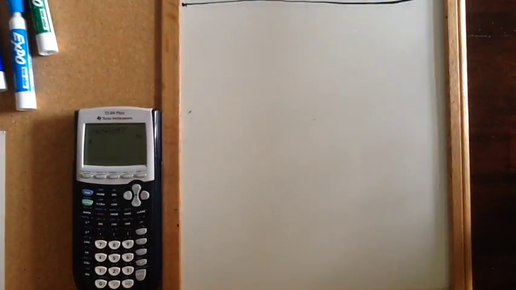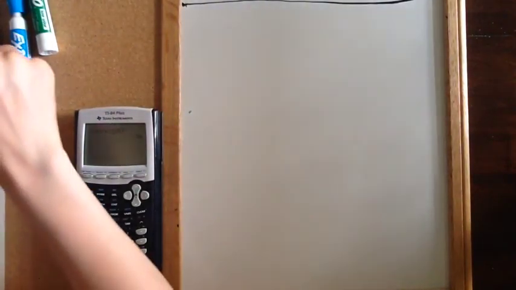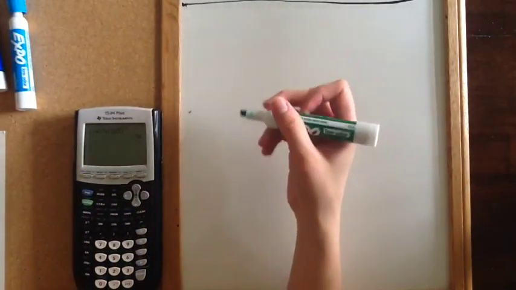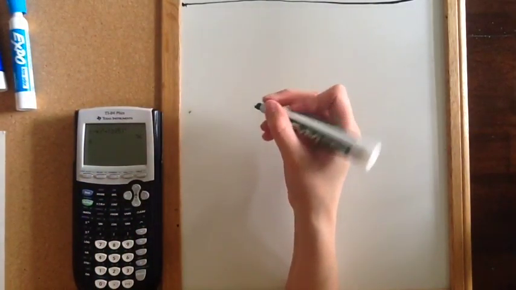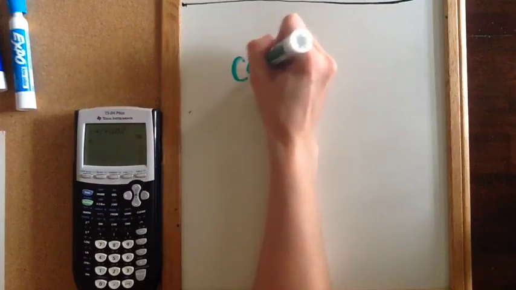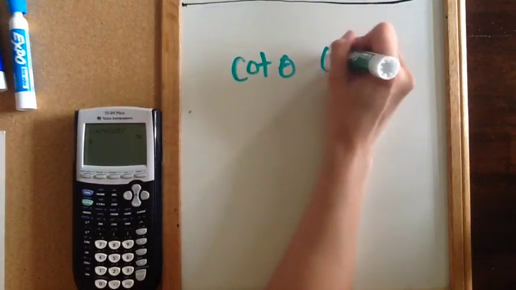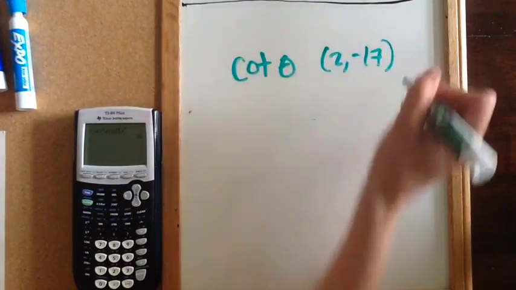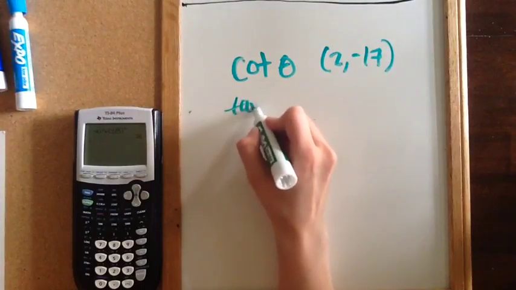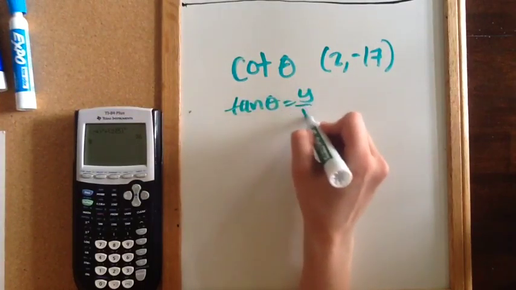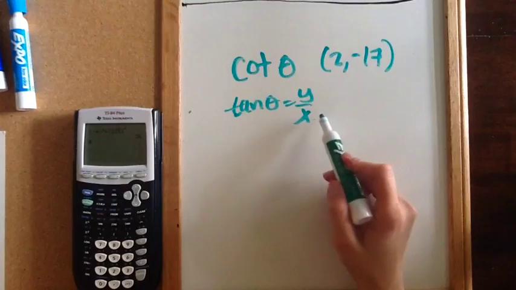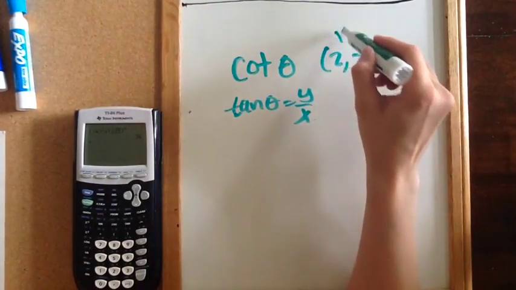Oh, let's do this one. This one's nice. The cotangent of theta for 2, negative 17. Now, remember that the tangent of theta was y over x. Okay? Well, notice this is our point x comma y.